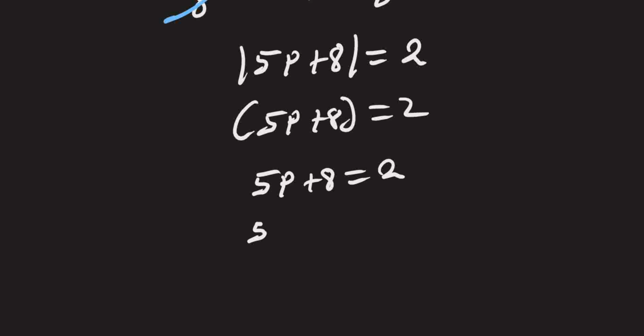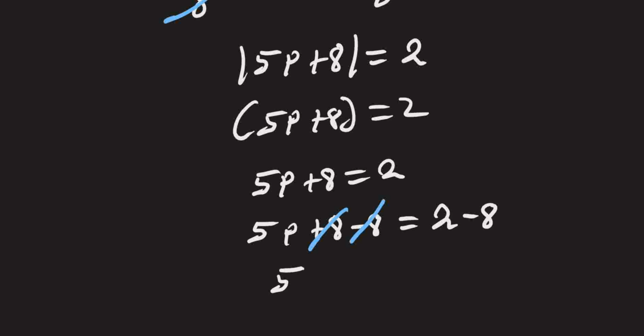So 5p plus 8 minus 8 is equal to 2 minus 8. So positive 8 minus 8 is 0. So 5p is equal to 2 minus 8, and that gives you negative 6.